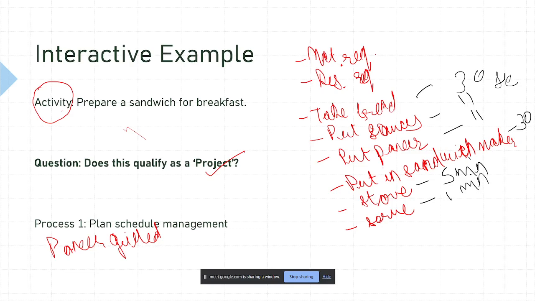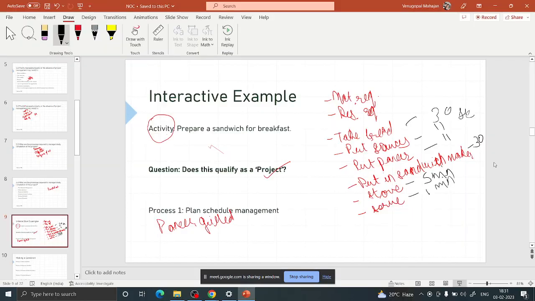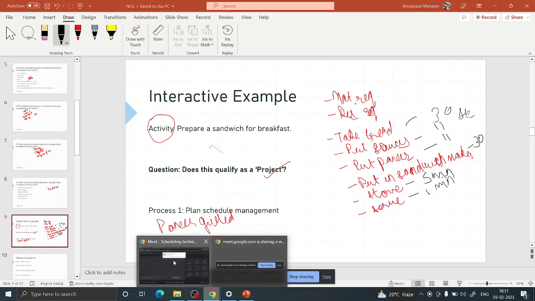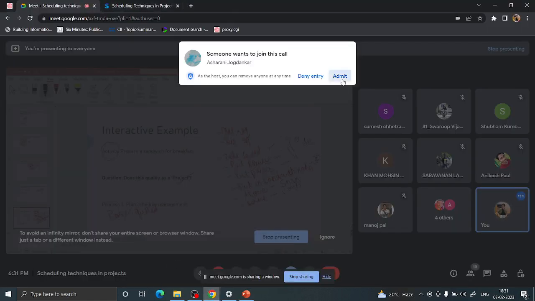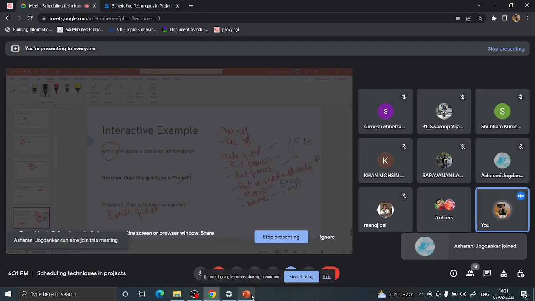He will take the bread first, put the sauces, put paneer, put it in the sandwich maker, and put it on the stove. When he keeps it on the stove, he is free now and he can start preparing another sandwich, right? Yes, sir. So that way you can think of it as doing it in parallel.